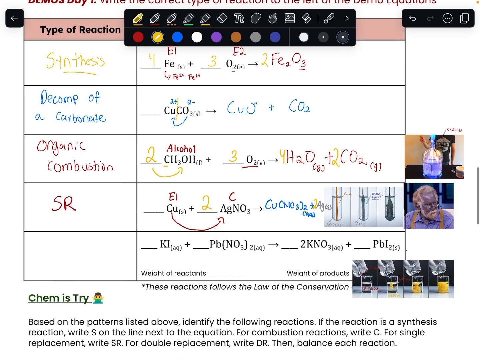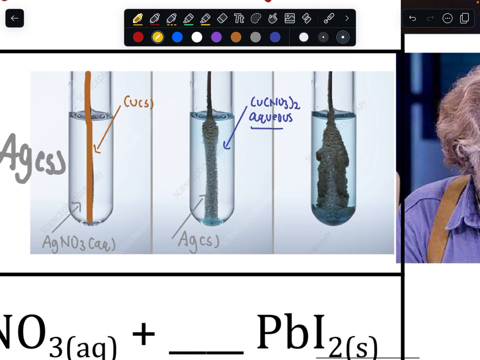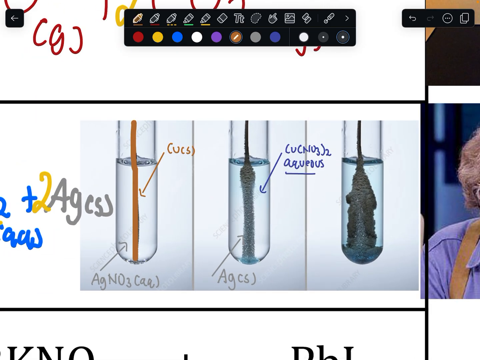So how do we see this single replacement in class? What I did is I put a copper wire in some silver nitrate solution. This solution comes in a brown bottle. It's clear, with a slight silverish tint to it, if anything. It's actually used in developing film in photos. I added a copper wire to it, and over the course of the class period, we saw the silvery solid growing and crystallizing on the outside of the copper wire.